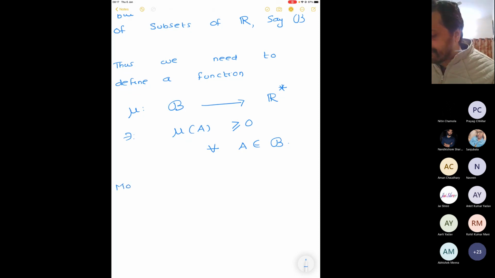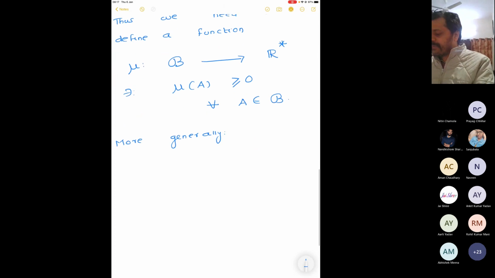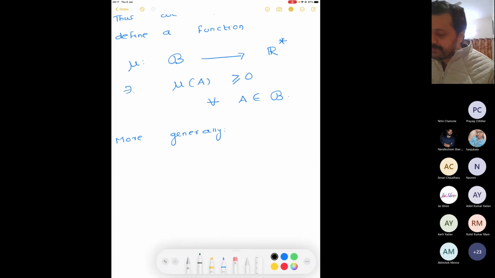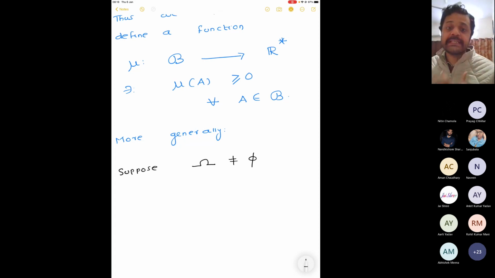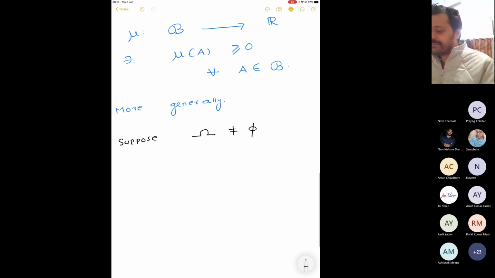More generally, you are given, suppose omega is a set, not R or R2 or R3, some non-empty set is given. I want a measuring system on omega.